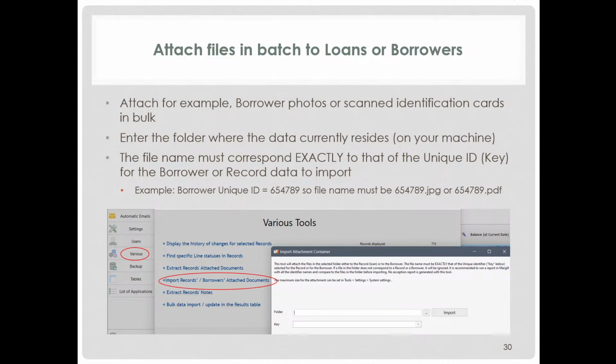So we created a special tool that says if there's a unique ID and the file name is exactly the same, for example my social security number is 654789, and my JPEG or my PDF has exactly the same number, I can then tie the unique ID to the unique file name, so I can mass import these files and attach them to either the borrower or to the loans. My key is my unique identifier.